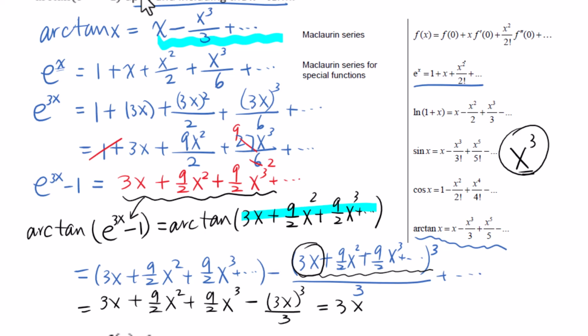Equals 3x plus 9 over 2 x squared. 3x to the third power is 27x to the third power, over 3 is 9x to the third power. Combine like terms: minus 9 over 2 x to the third power, and so on. This is the solution to question C.